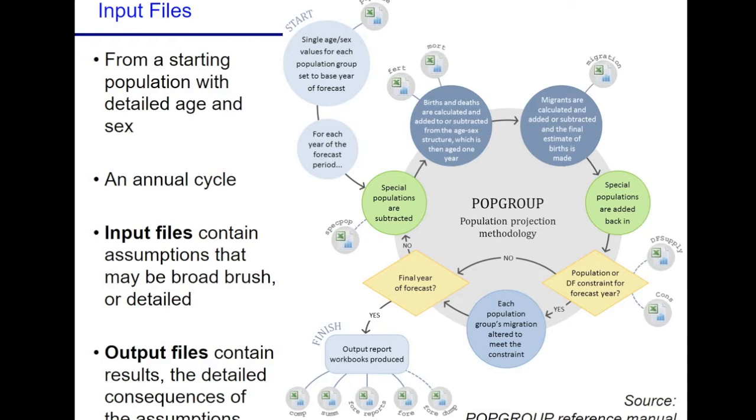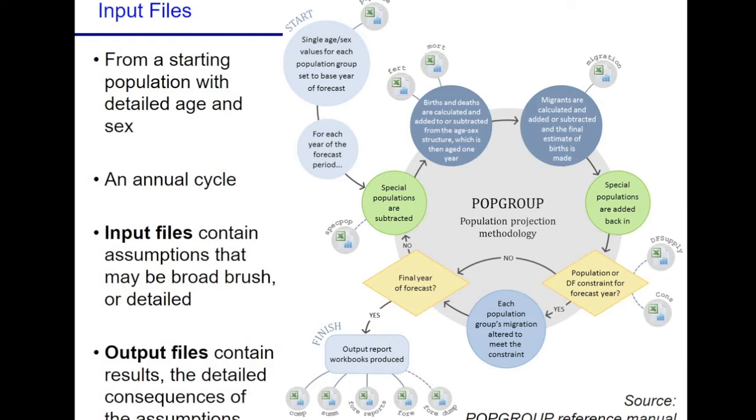We take away any special populations and age that population base on after taking into account fertility, mortality, and migration, for which POPGROUP has a separate file or files for each of these components of change. Special populations are added back in, and then we go through this cycle repeatedly until we get to the final year of our projection, at which point we're given a whole set of output reports by POPGROUP. So it's these input files that I want to focus on in this video.